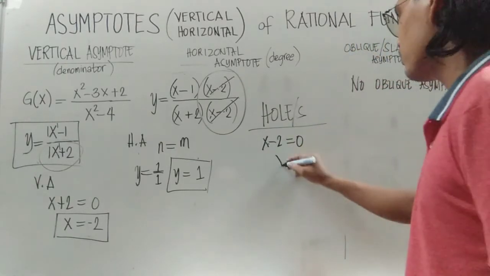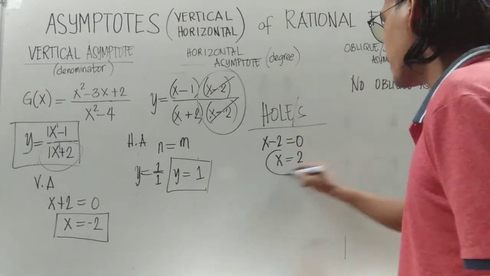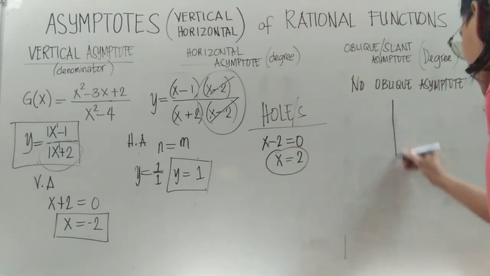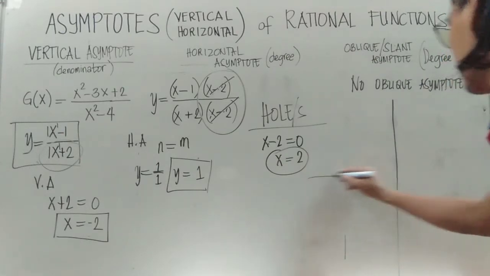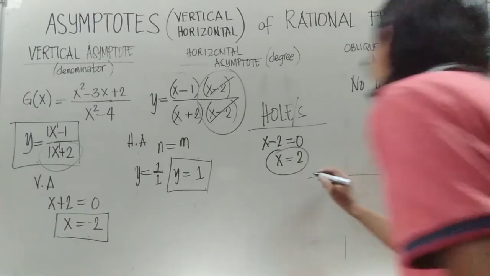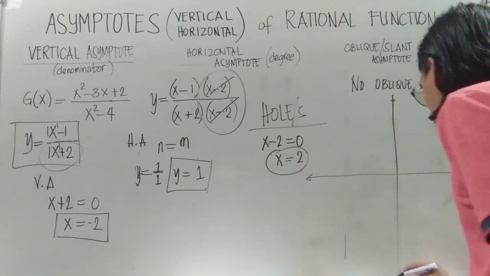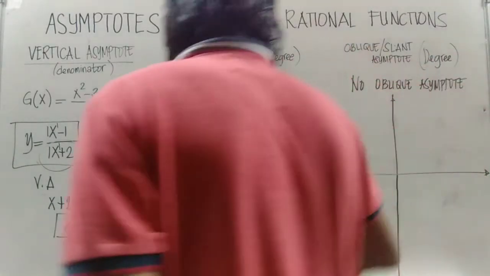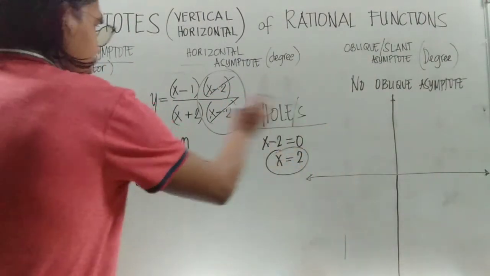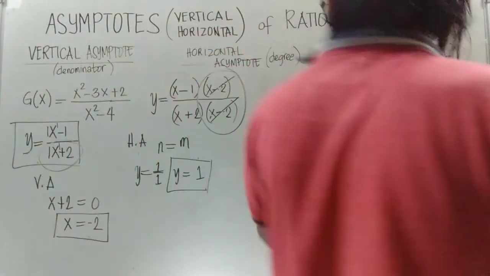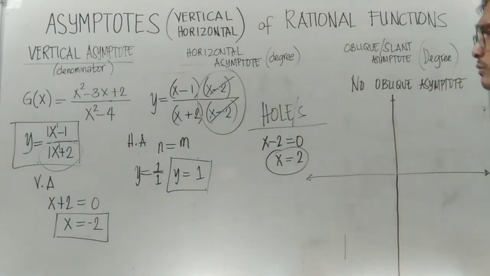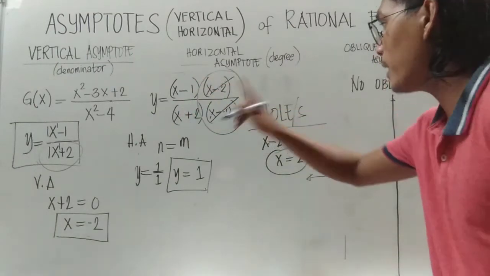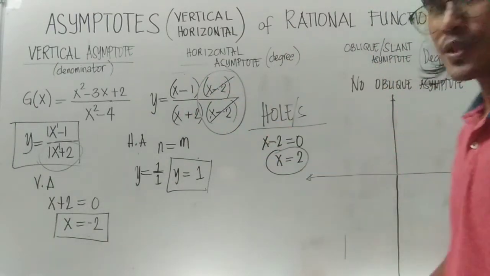Equate it to 0, therefore your hole is at x equals 2. So I will show you the case of this hole. Holes occur if you have 2 or more common factors. In our case, we have one common factor.